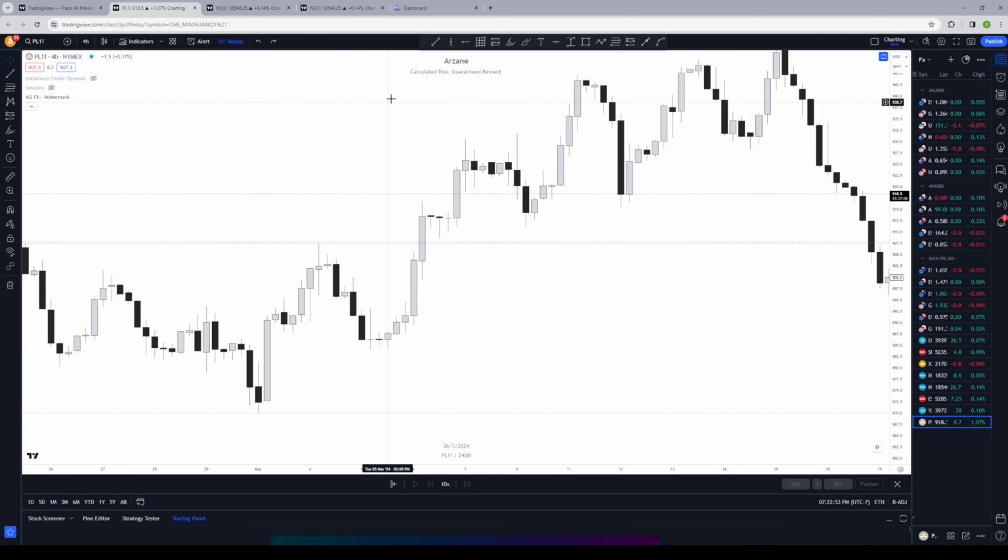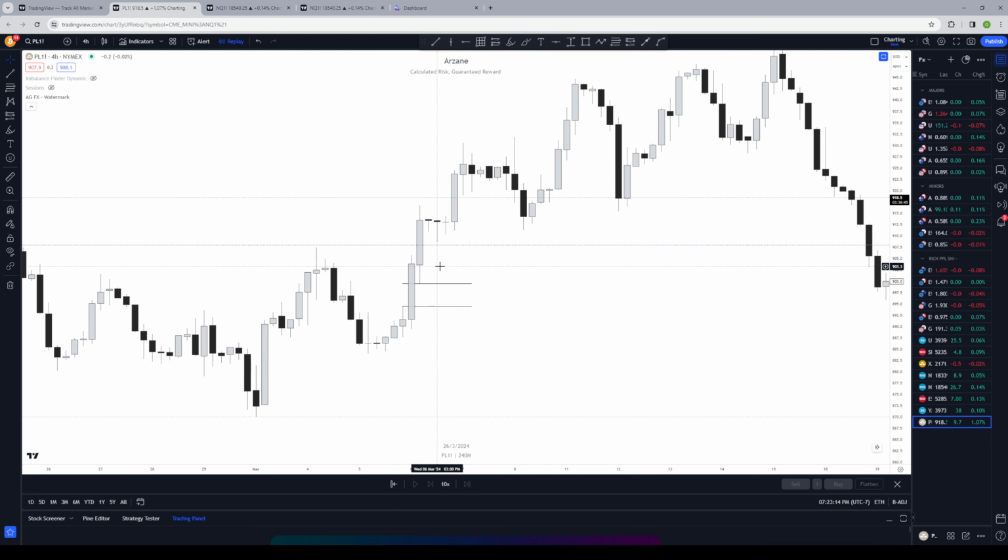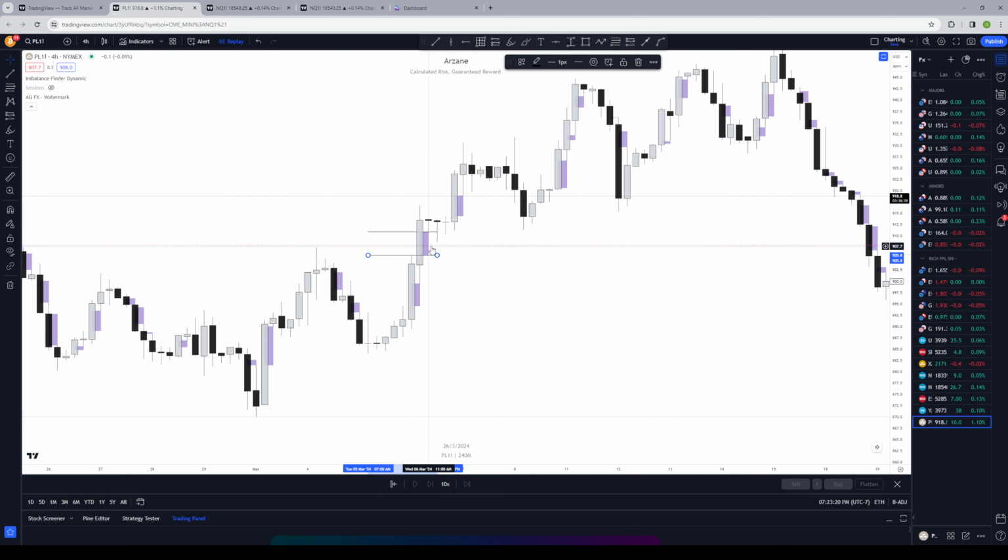To draw an imbalance, you simply take the high of the lower candle on a bullish imbalance and the low of the candle above right here. When you see this gap between the high and the low, that is what we call an imbalance. And we turn the indicator on, sure enough, there it is. We look at the top one, it's the same exact thing, the high and low, and that's why you're going to see a purple box right there.